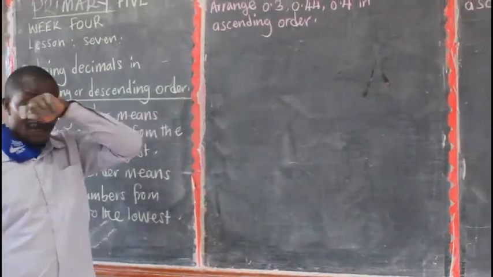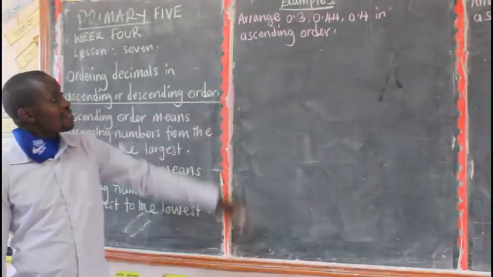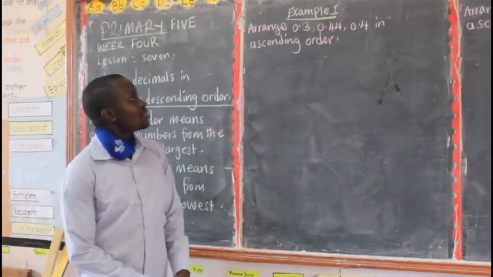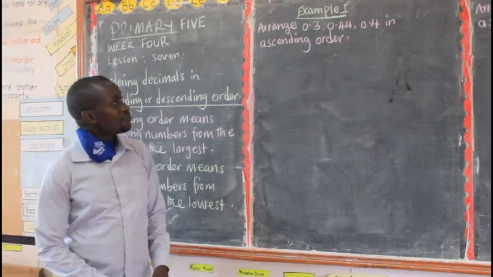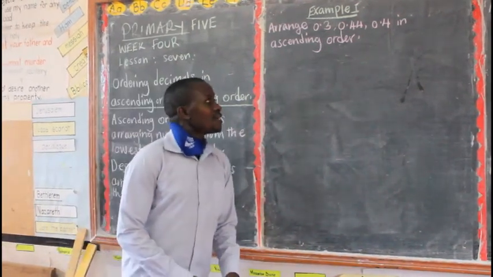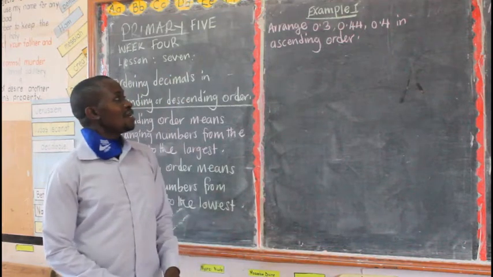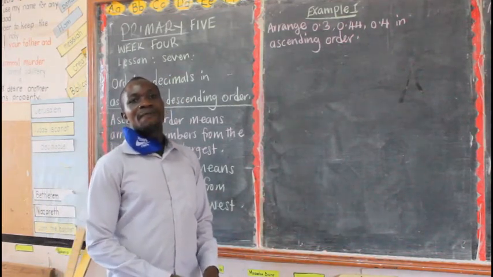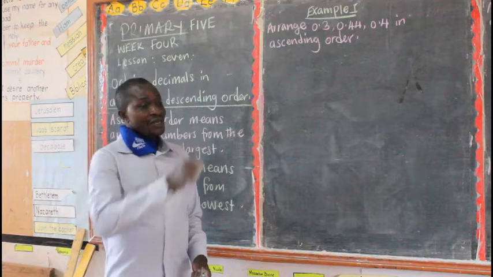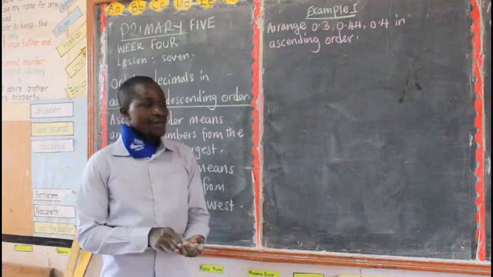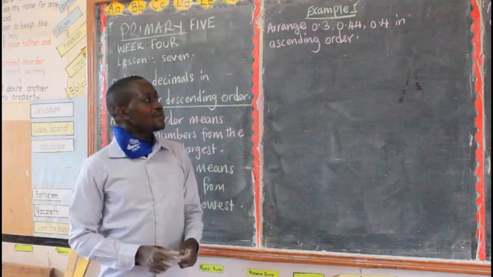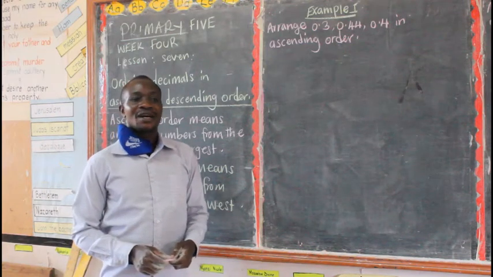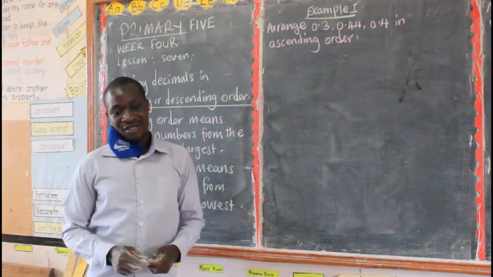Then let's look at example 1. Example 1 says, arrange 0.3, 0.44, 0.4 in ascending order. So when you are going to arrange numbers, especially decimals, you first arrange those decimals as common fractions.